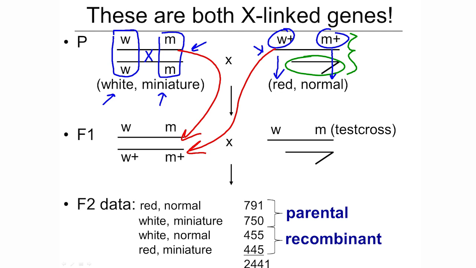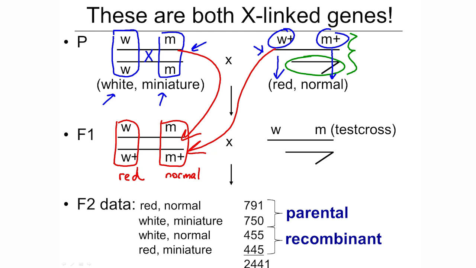There are no other possibilities except for those two. The chromosomes move as one, right? So if we look at it this way, the F1 is heterozygous at both loci, right? Phenotypically, it's red-eyed, and it's got a normal body shape and size because of the dominance of those wild-type alleles.